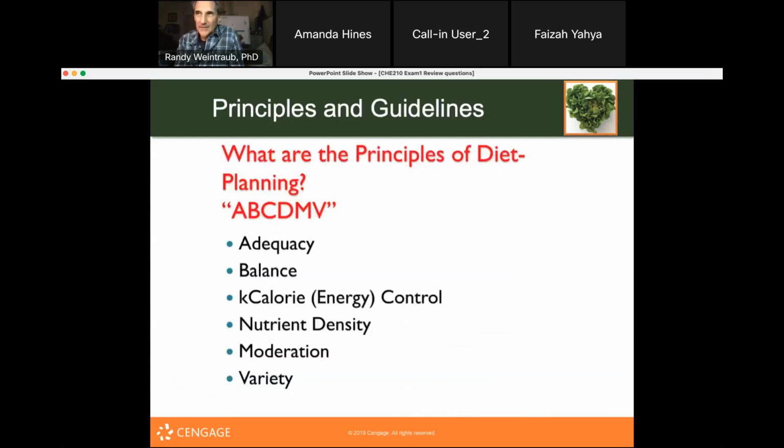And here are those diet principles for healthy eating patterns: A, B, C, D, M, V. So you might be able to remember that. But definitely there will be an open-ended question around something that could be written from this slide right here. Some of these seem like they overlap, but there are distinctions enough that we talk about them as individual principles.